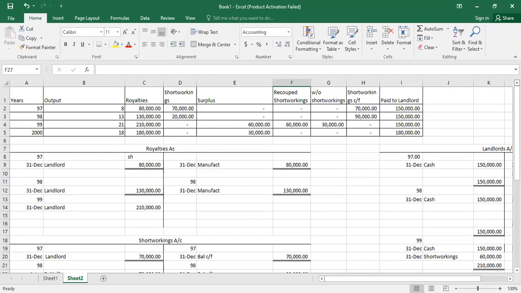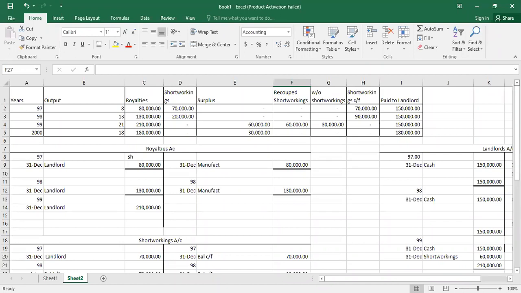Because writing off is an expense, so you are going to debit the royalties account and credit the short workings account, isn't it? We are closing that short workings written off.